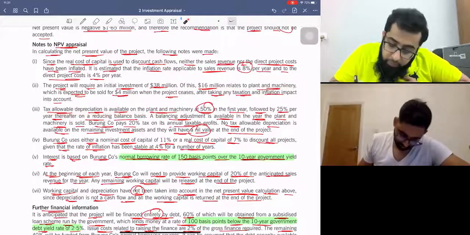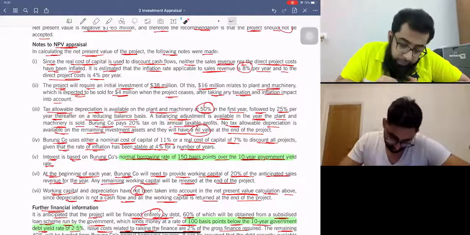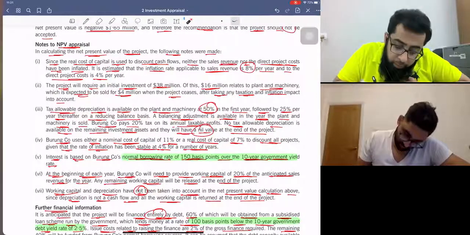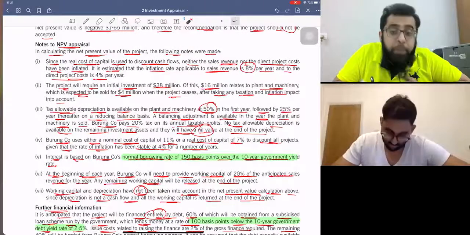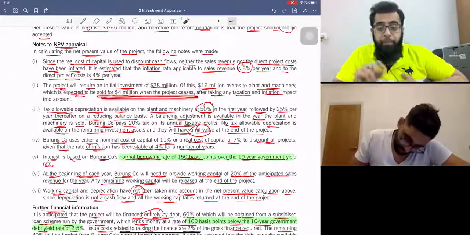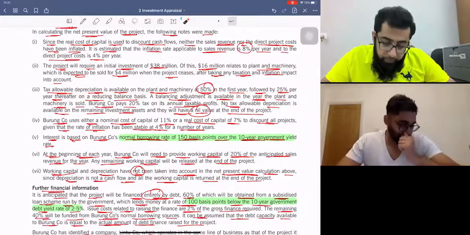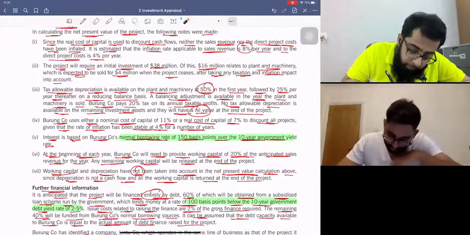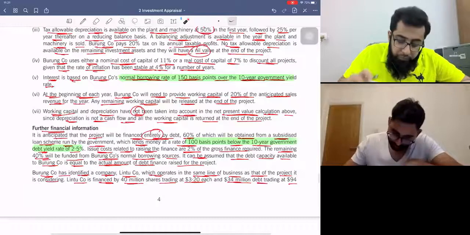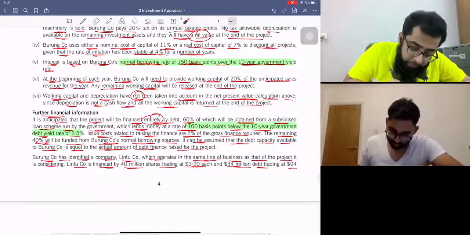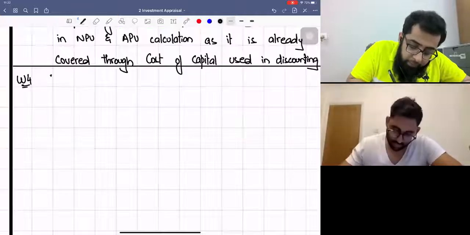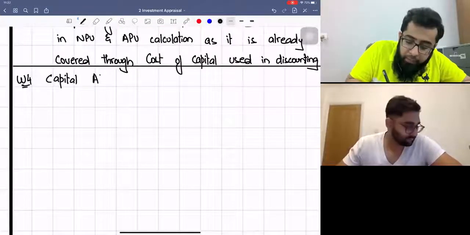A balancing adjustment is available. The scrap value of the plant and machinery is $4 million. So let's look at capital allowances. This is reducing balance, yes, but the first year he said 50%. So 50%. Capital allowances.